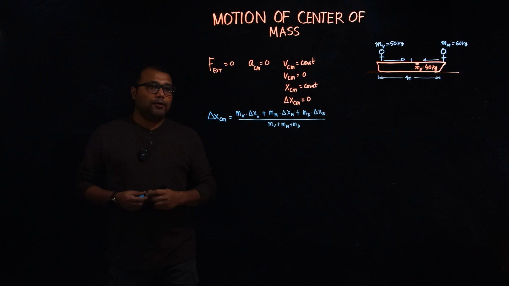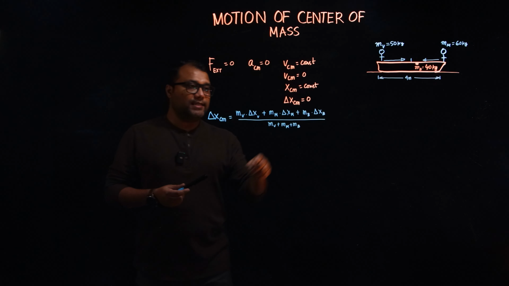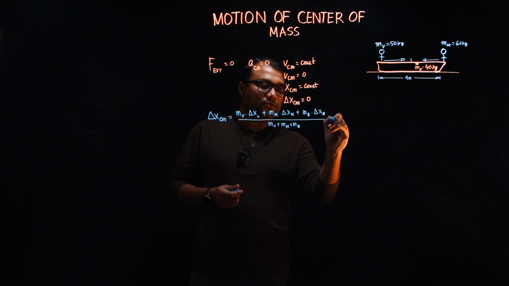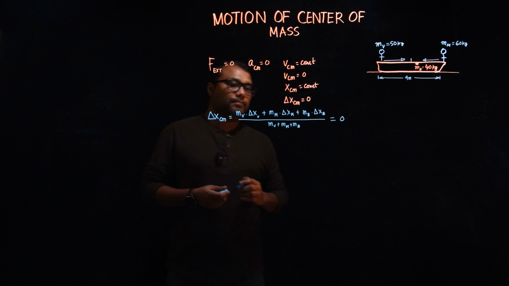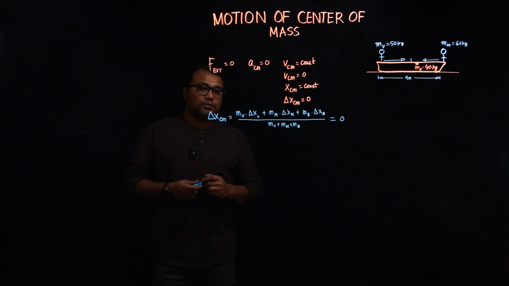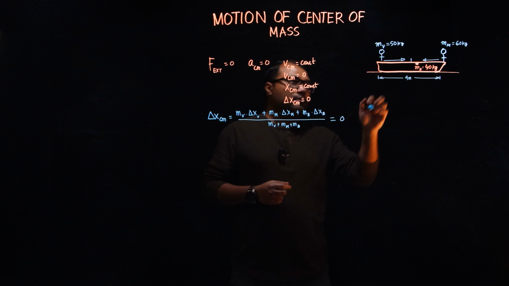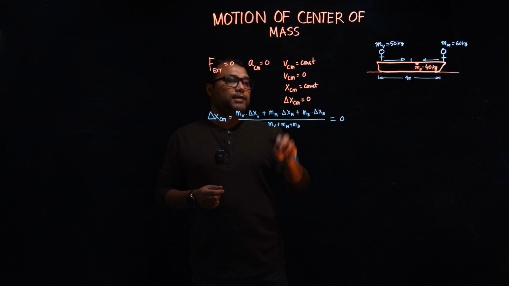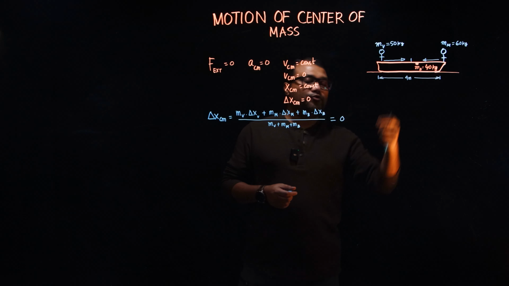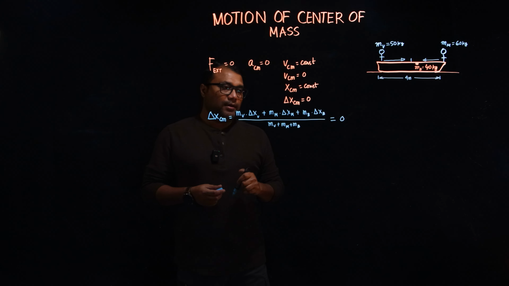Now we already found out through this reasoning that delta XCM is 0, so this is equal to 0. So then we know delta XV, he moved 2 meters. We know delta XM, he moved 2 meters to the left.